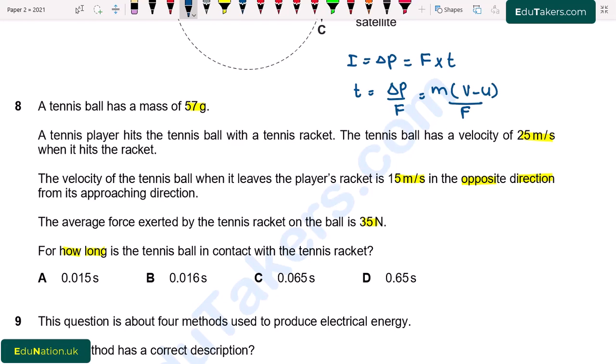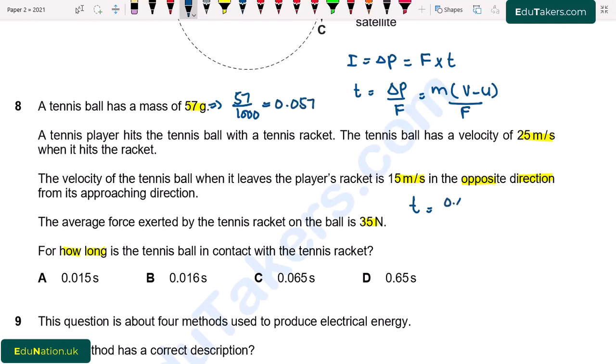Now I am going to put values here. Time will be equal to, mass is given 57 gram and we have to convert this mass into kilogram. So it will be 57 divided by 1000, which is equal to 0.057.